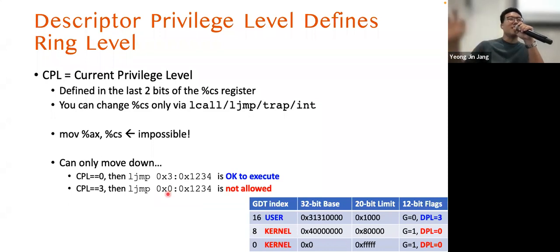That is prohibited, and the CPU will kill the execution at that point. So you can think of privilege switching as one direction: you can move from 0 to 3, but you cannot move from 3 to 0.